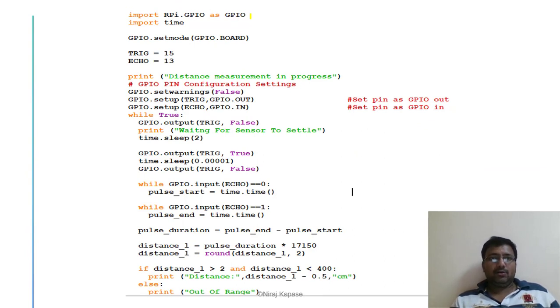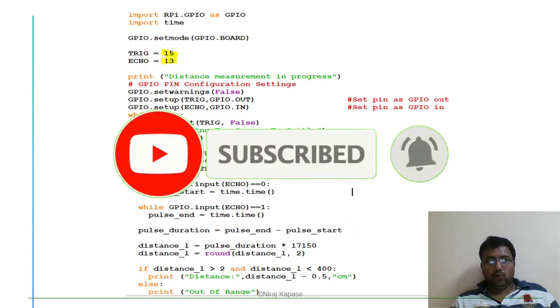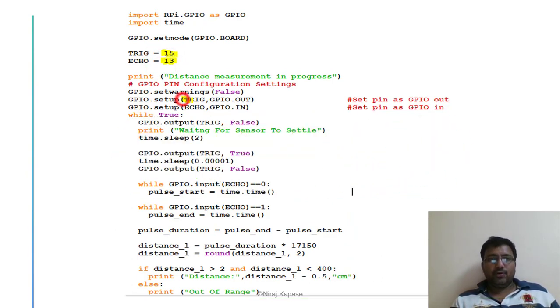So we'll see the Python code. Import RPi.GPIO as GPIO, import time, GPIO.setmode GPIO.BOARD. Here I have connected the trigger pin to pin number 15 in board mode, and pin number 13 to the echo pin. Trigger is an output, so we have configured trigger as an output, and echo is an input, so we have configured it as an input.